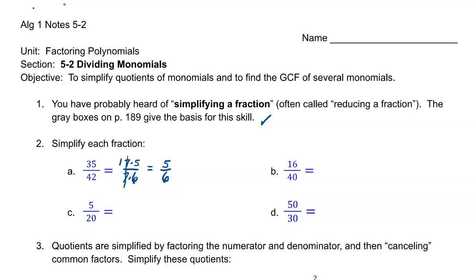Question B, 16/40ths. What does this reduce to? Well, what is the greatest common factor of the numerator and denominator? What's the largest number that divides into 16 and into 40? Hopefully you realize that number's 8. So 16 divided by 8 leaves 2, and 40 divided by 8 leaves a 5.